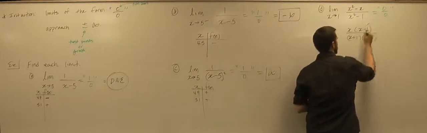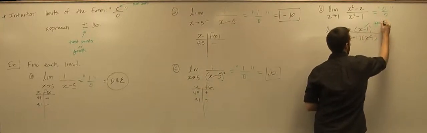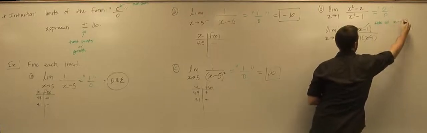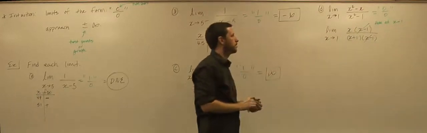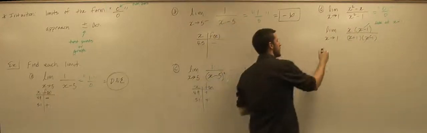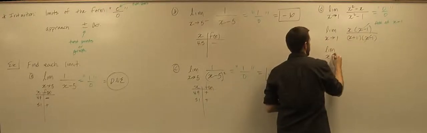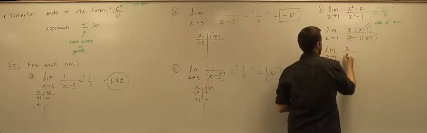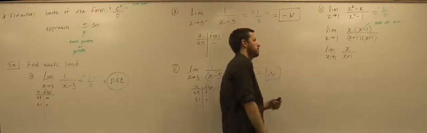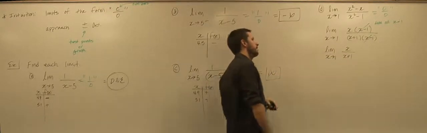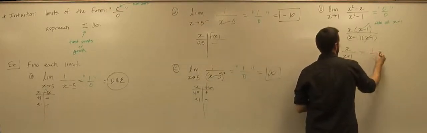The x minus 1 gives you a hole. So really, you just have to worry about the limit as x goes to 1 of x over x plus 1, which when you plug in is 1/2.